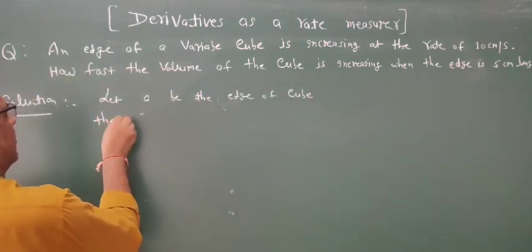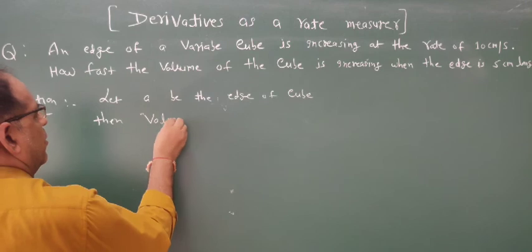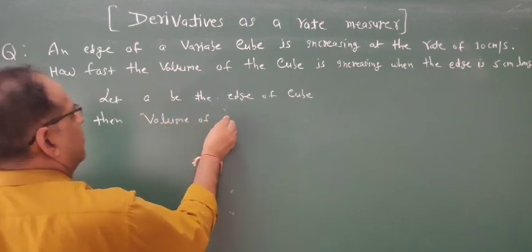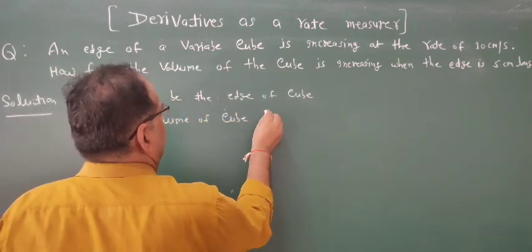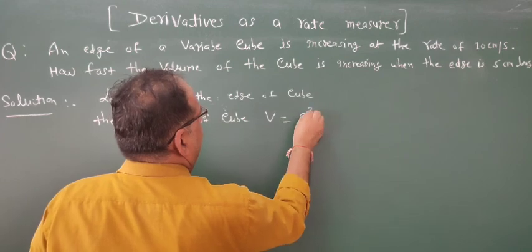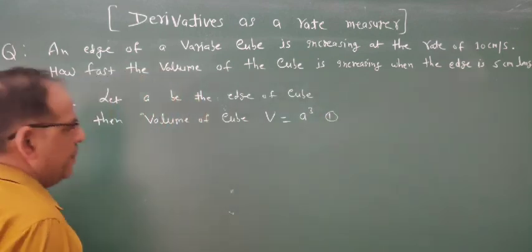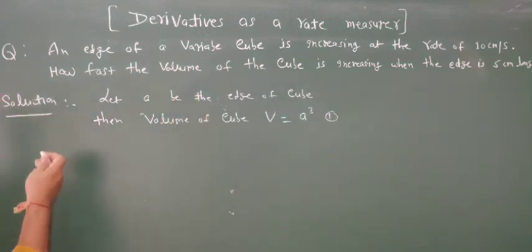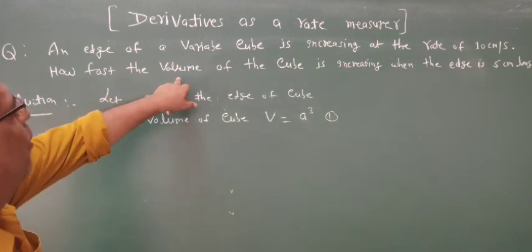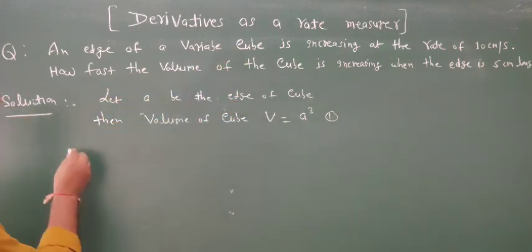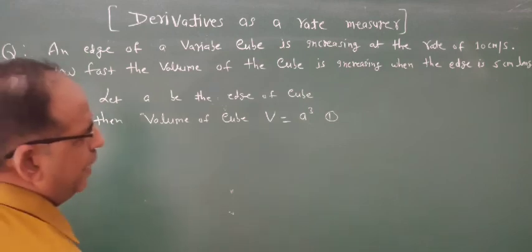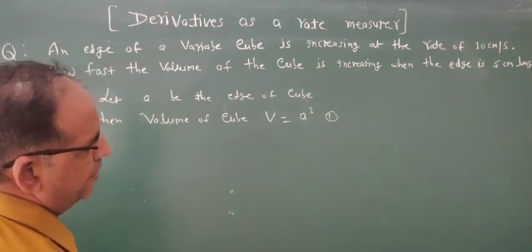Then the volume of the cube is given by V equals A cube. We want to find how fast the volume of the cube is increasing when the edge is 5 centimeter long.